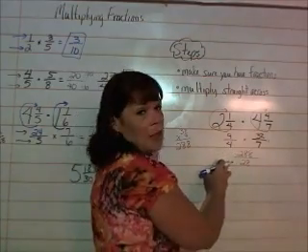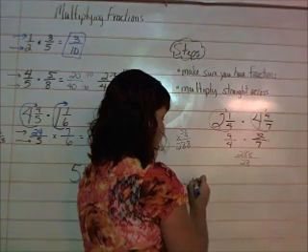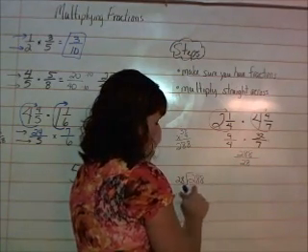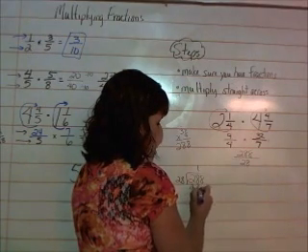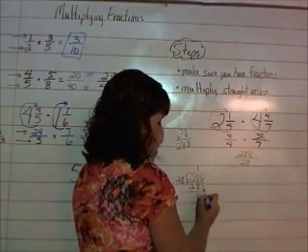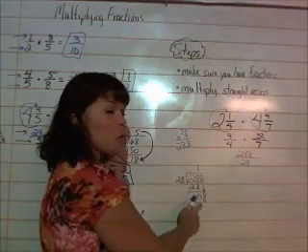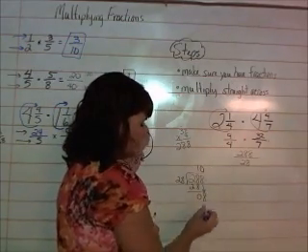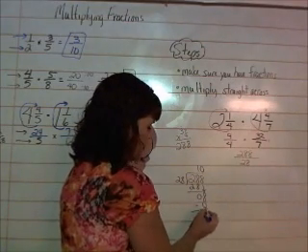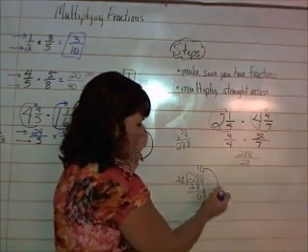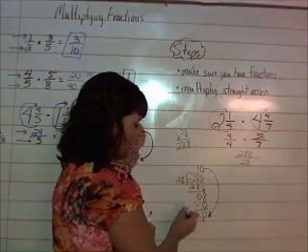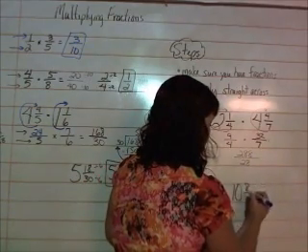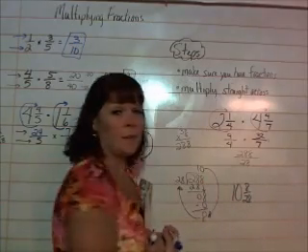So, can't leave it improper, so we're going to have to divide. 288 divided by 28. Okay, we'll go through there once. Bring down my 8. Well, 28's not going to go into 8. So you put in a 0. So I actually have 10 and 8/28.